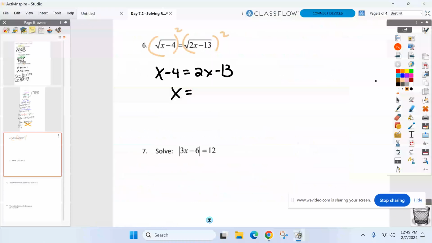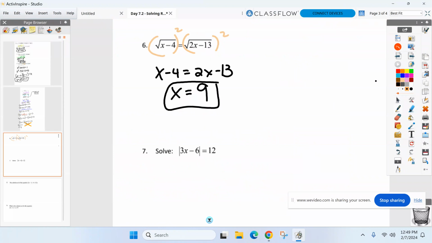Gabby, when you're ready. I got x equals 9. Yep. And if anybody hasn't done it, I'll save the time: it works.